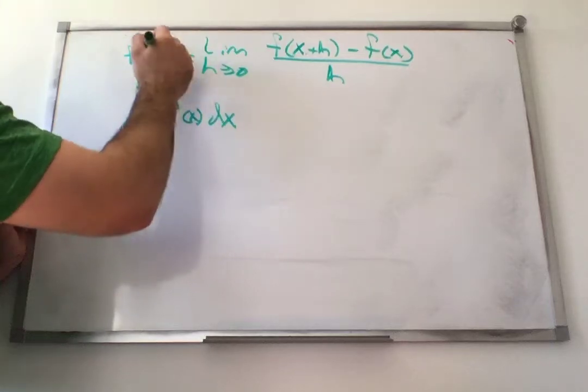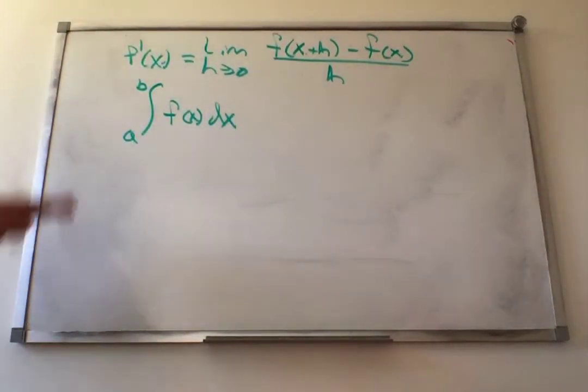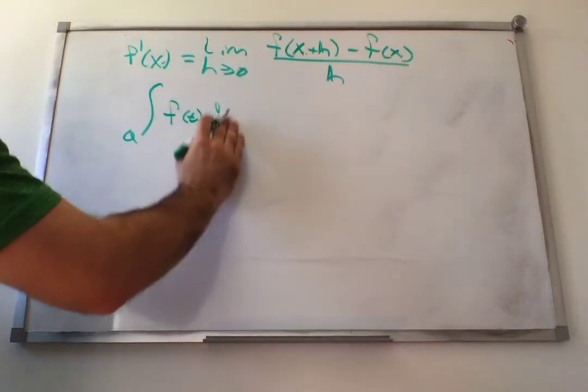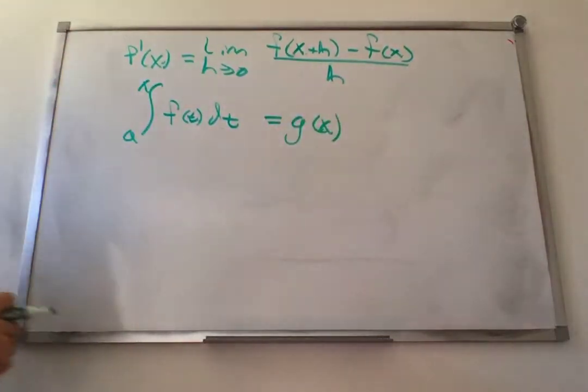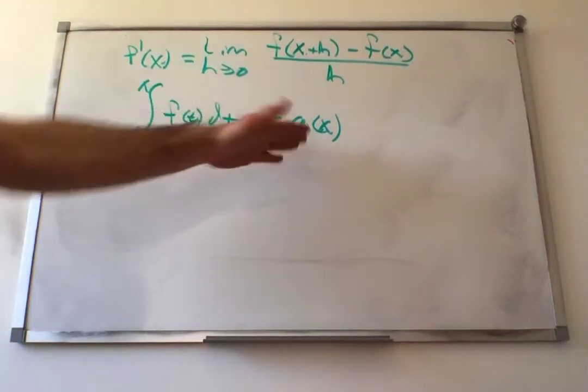So we rewrote the derivative as a function of x. Well, that's all we're doing here. I have to change these to t's and x, and we're saying that that is g of x. It's very analogous. We're saying that when you take the integral, you can treat the integral as a function of x.